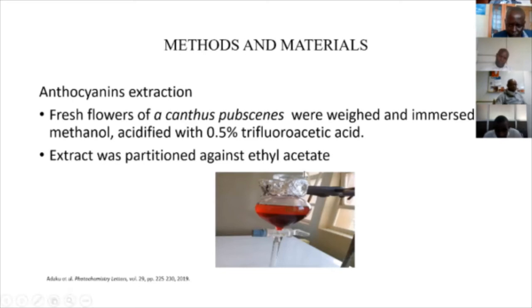Now, that filtrate, which is aqueous, was partitioned against ethyl acetate. After partitioning against ethyl acetate, as you can see from this diagram, the upper part contains so many compounds, which was discarded. And then it is the lower part which contains anthocyanins.